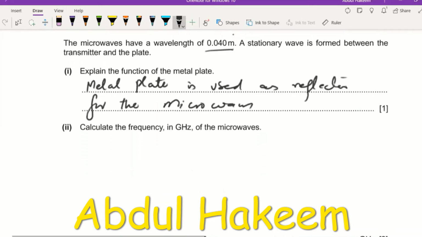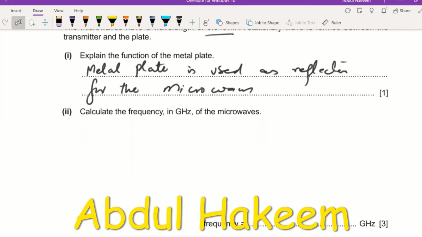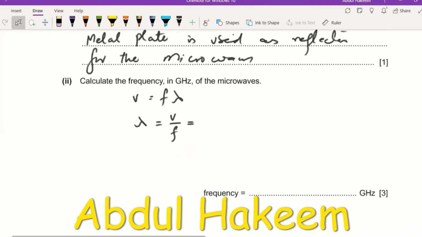Next, to calculate the frequency in gigahertz. So formula is v is equal to f lambda. Lambda is equal to v divided by f. Microwaves are electromagnetic waves that travel with the speed of light.